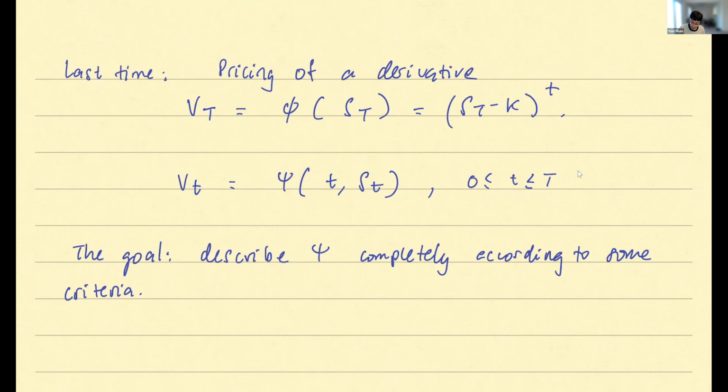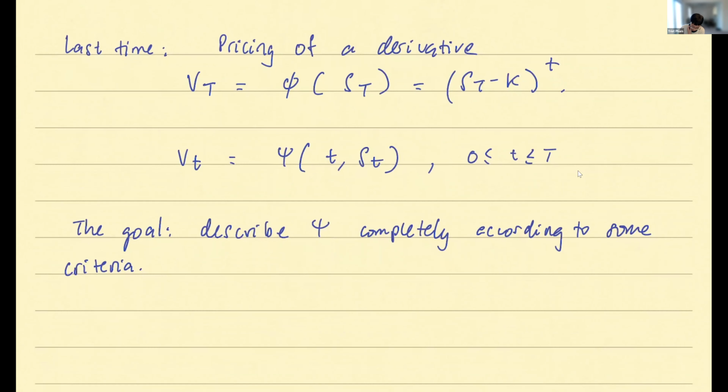Now, what kind of criteria did we go over last time? There are two criteria. The no arbitrage condition. The idea is, and this actually has practical implication, that originally your market, more like your market model, only has stock and cash.